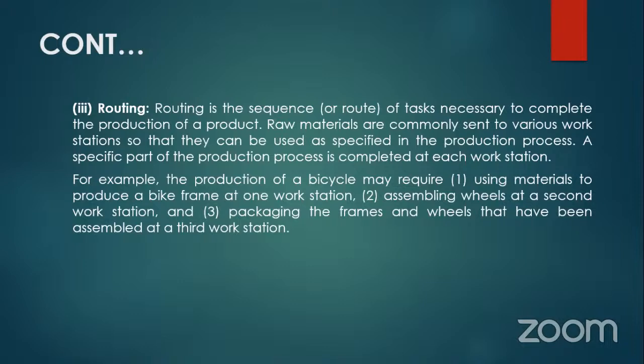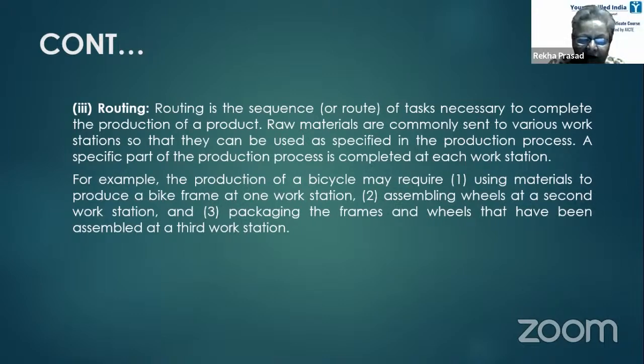Second, assembling wheels at a second workstation, and third, packaging the frame and wheels that have been assembled at a third workstation. So here it is a process layout. At one place the bike frame is being made, in the second the wheels are being made, and in the third it is being assembled, and then packaging is done.